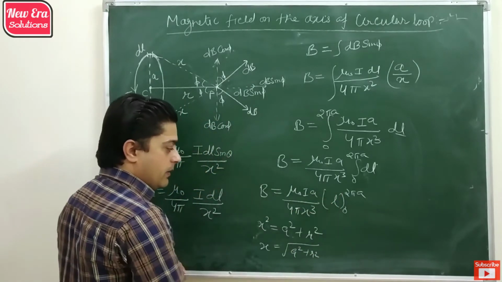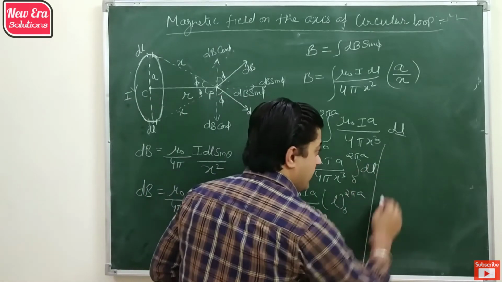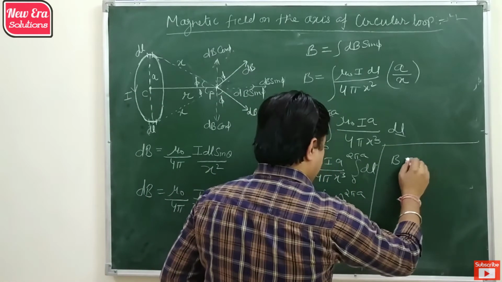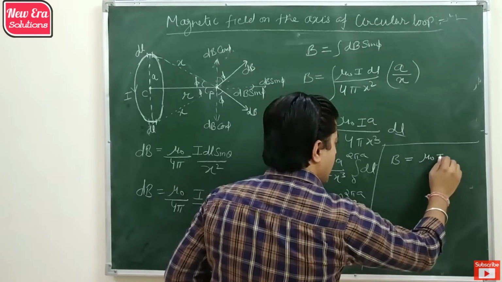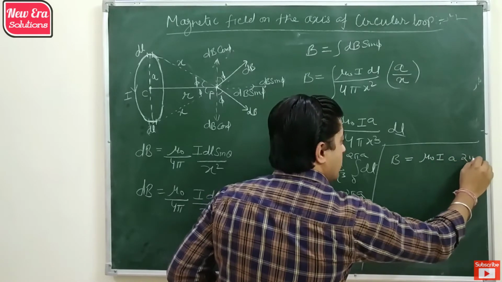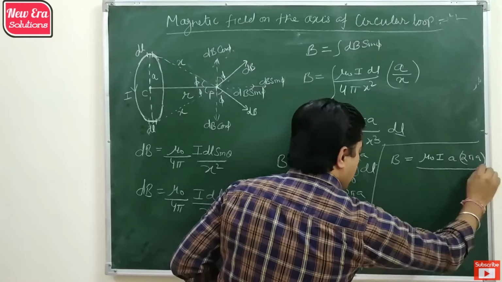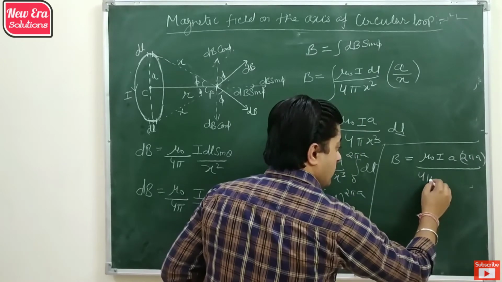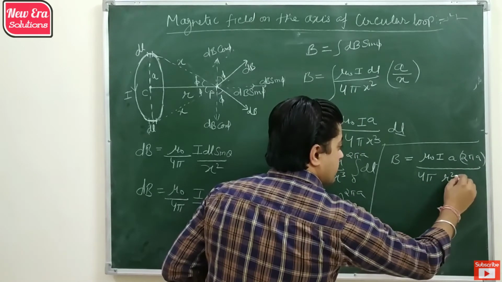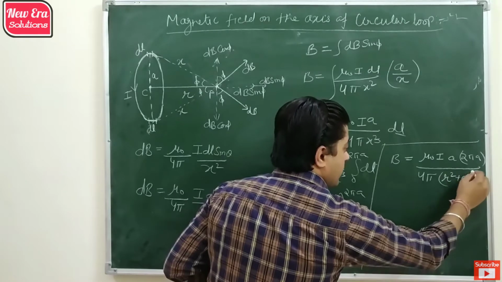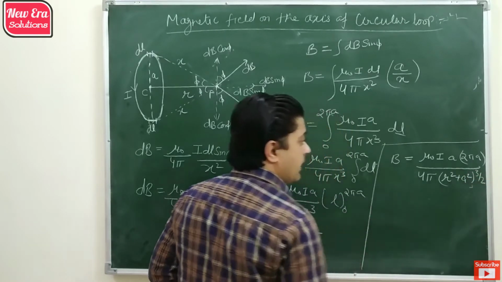By putting the limit and the value of x, we get B is equal to mu naught I a times 2 pi a upon 4 pi times r square plus a square whole power 3 by 2.